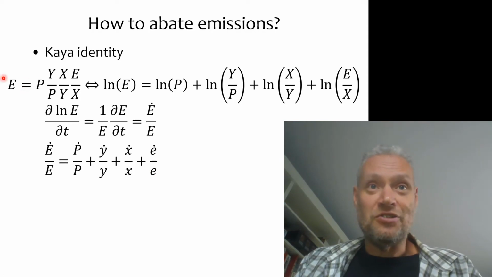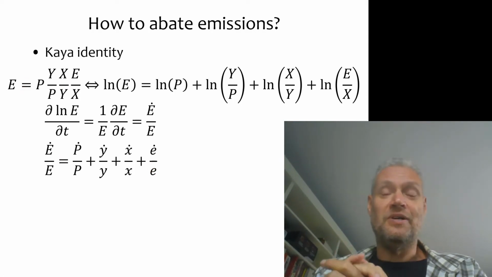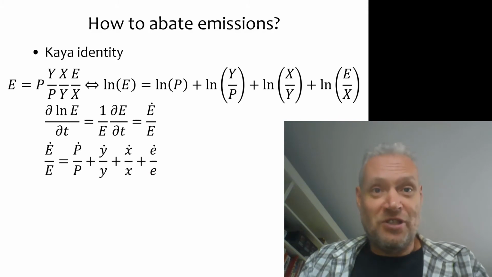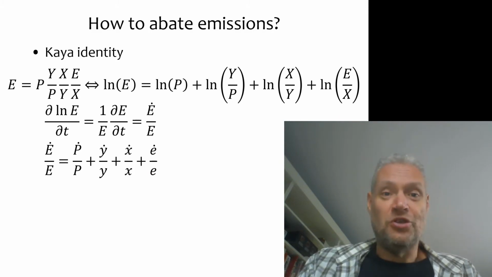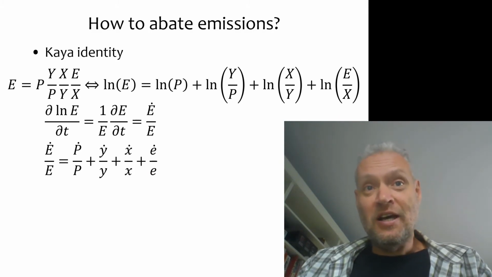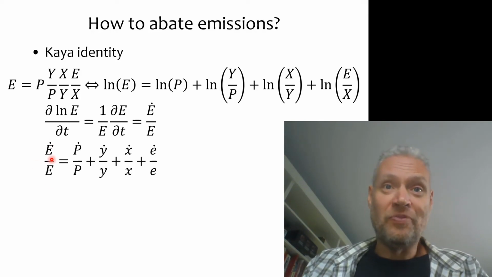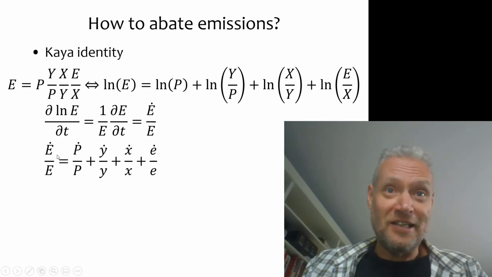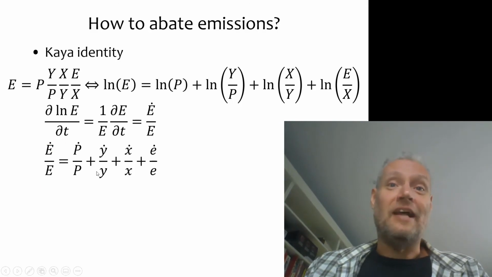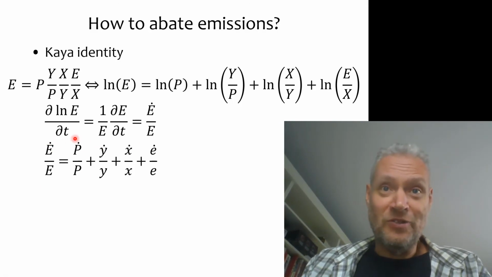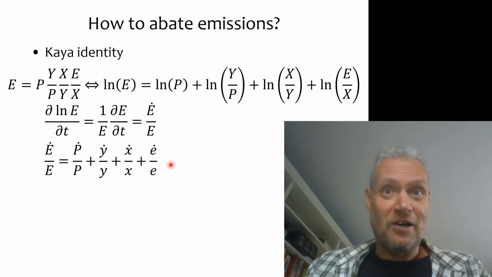And because this is true, this is true as well. And this gives us our 4 basic options to reduce emissions. The first one, if you want E to fall, that's emission reduction, this term should go negative. That implies that the sum of these 4 terms should go negative.